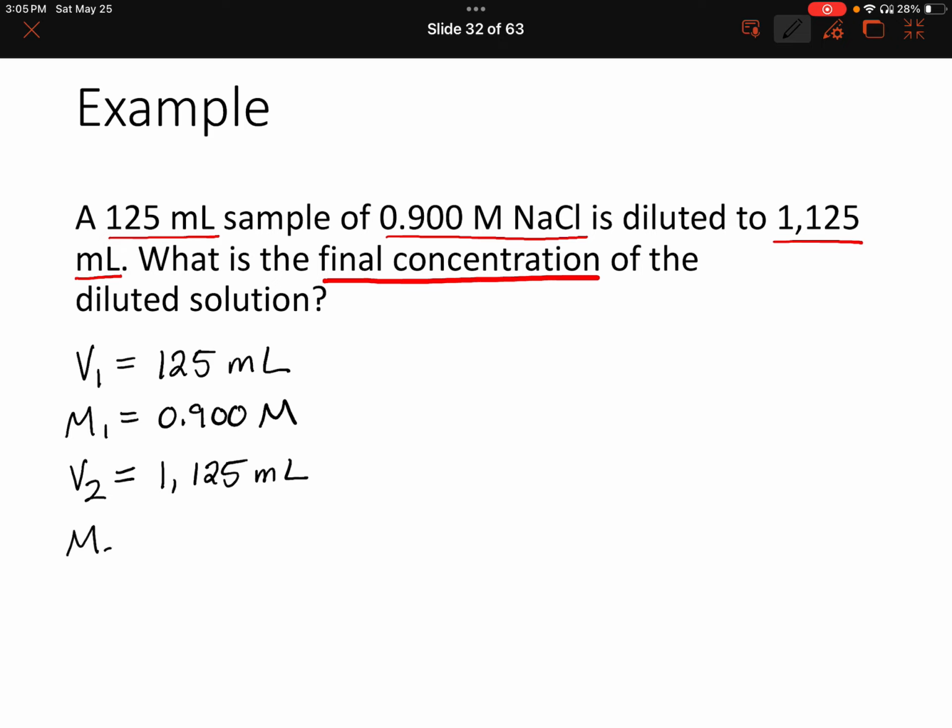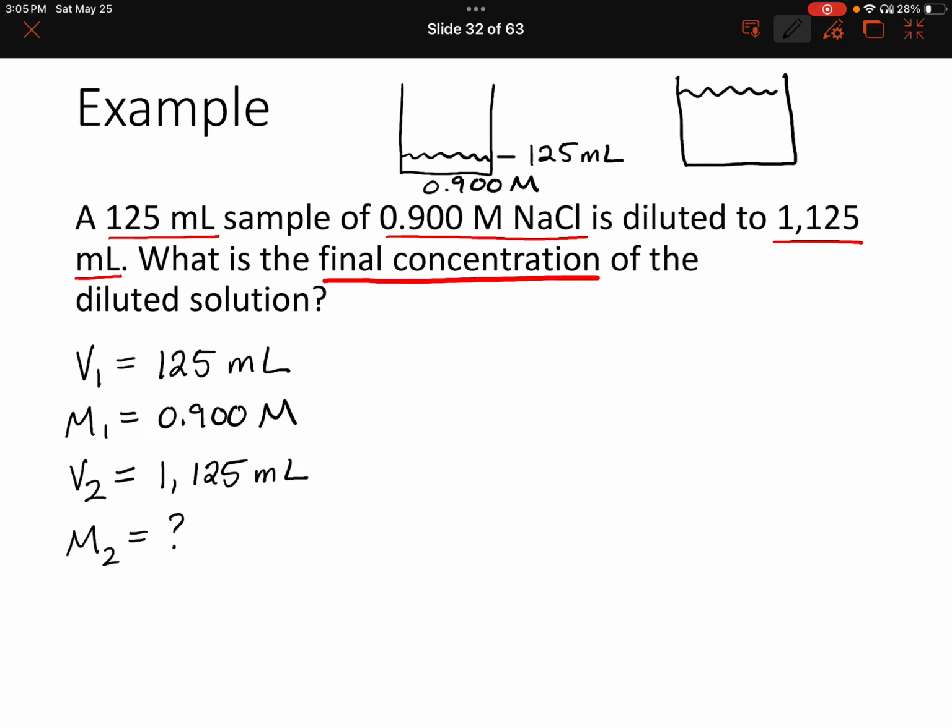And then we're trying to solve for the final concentration, M2. Again, in our initial solution, we had a volume of 125 mL, and the concentration is 0.9 moles per liter. But we're going to add liquid, and our final volume is 1,125 milliliters. And we want to figure out what is that new concentration.